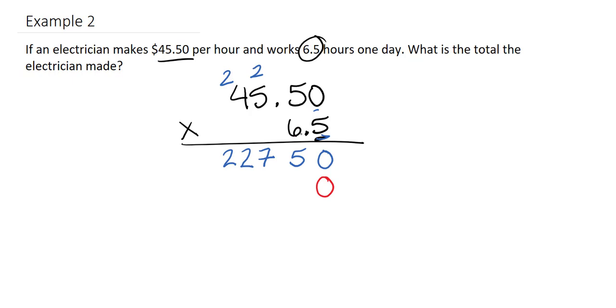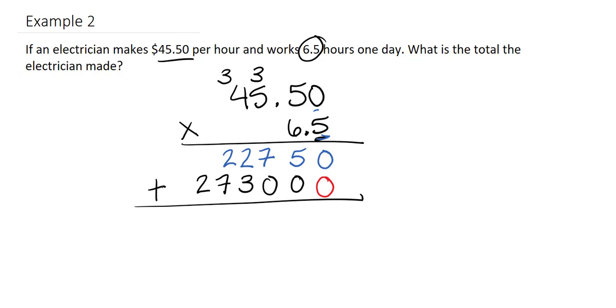So 6 times 0 is 0. 6 times 5 is 30. So let's go ahead and just erase these so we don't get confused. So we put the 0 below, carry the 3. 6 times 5 is 30, plus 3 is 33. So we put the 3 below, carry the other 3. 6 times 4 is 24, plus 3, which is 27.